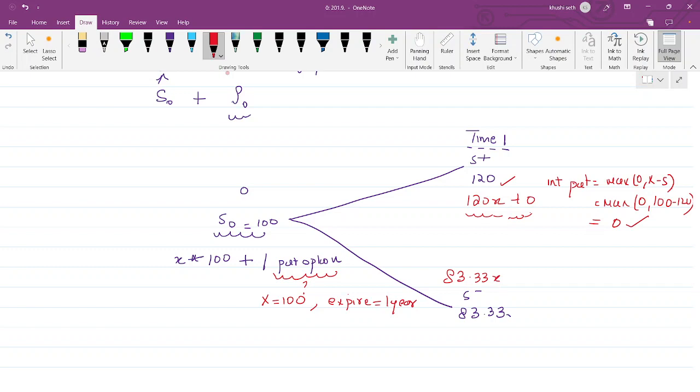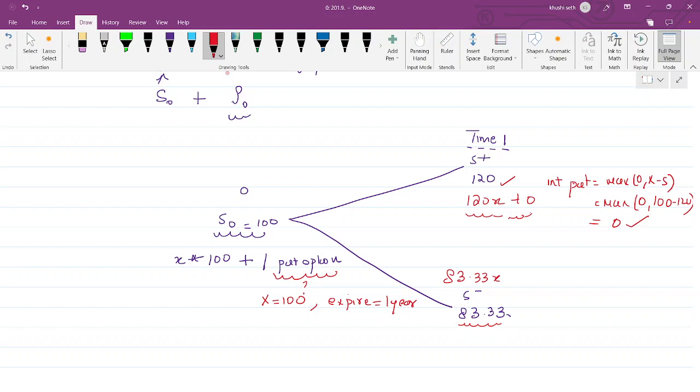And what's going to be the value of my put? Okay, so now in case of a down move, the put is going to expire in the money, right? It's going to expire in the money because the strike price is more than the price of the underlying in case of a down move. Strike price is more than S minus. Okay. So what's going to be the intrinsic value of the put?